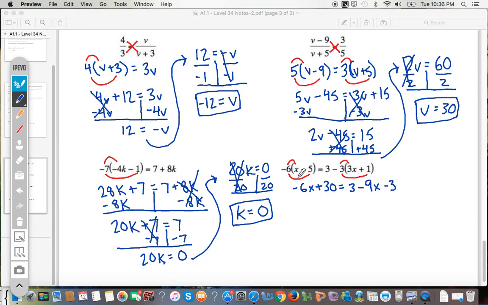Now we can solve for x. So, let me combine my 3 and my negative 3 on this side. So, my new equation, or simplified so far, is negative 6x plus 30 equals, well, 3 minus 3 is 0, so I don't need to write 0 in there, so I'll just write my negative 9x.